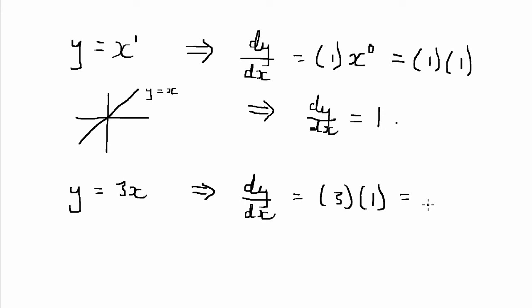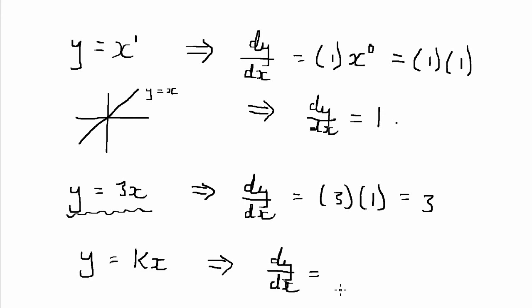In other words, the answer to the differentiated function, the gradient function, is 3. Well, I certainly hope you would agree with me that 3 is the gradient of this straight line. So we've got another general rule which says that if y is some number of x's, kx, where k is just a constant, that means that when you differentiate it, you just get that constant.